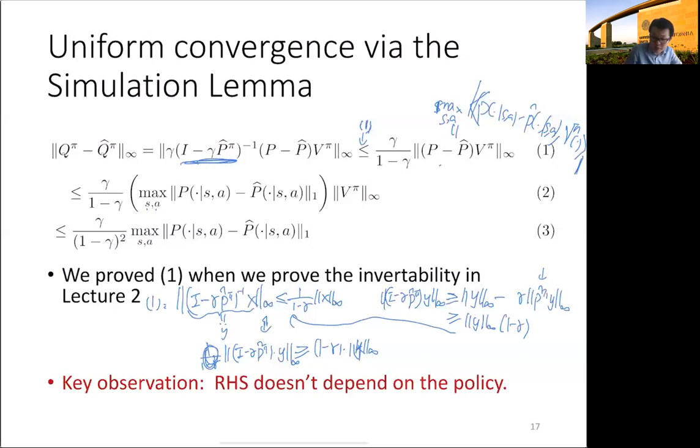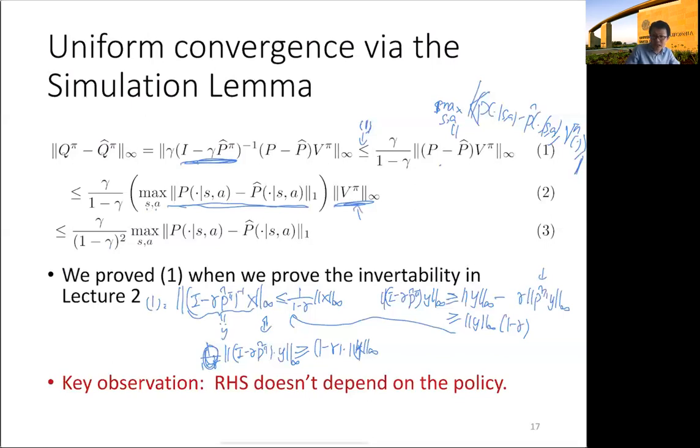So hopefully you have done homework 0, in which you are asked to derive the Holder's inequality with L1 and L infinity split. So this is exactly what we are doing here. We're taking the L infinity norm of V pi. We're taking the L1 norm of this difference. Okay, so how large is this?